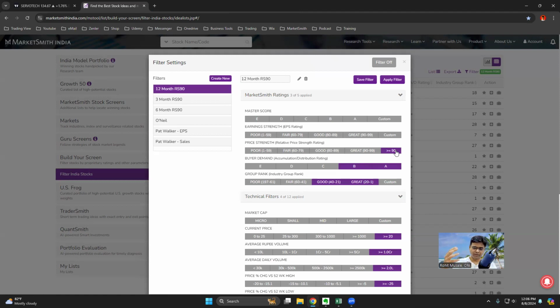You find that they have done better than more than 90% of the stocks in the Indian stock market. Okay. A similar concept you can use for the US market or any other market that you are trading. Okay. So these six filters are common. So this represents relative strength on a 52-week performance basis.